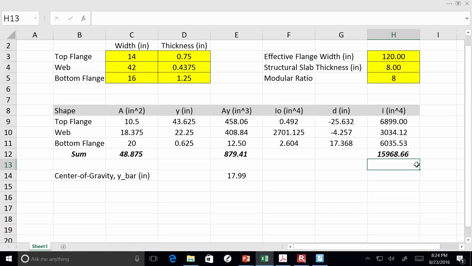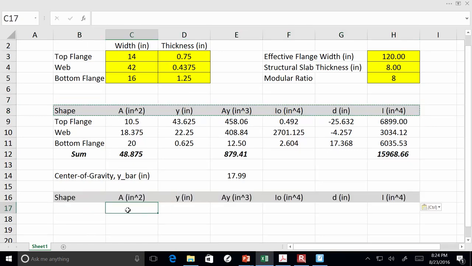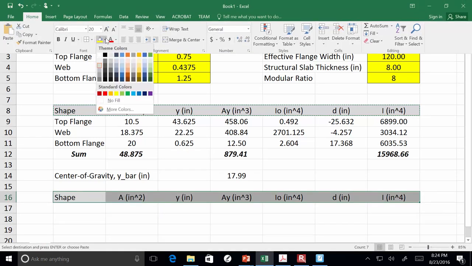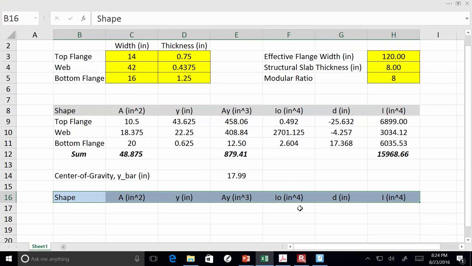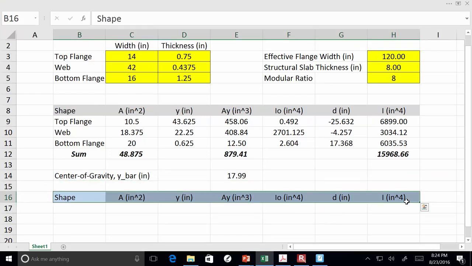So what I'm going to do now is I'm going to do another set of section properties. So I'm going to build a whole new table. A whole new table, and maybe I'll give it a different color so that we know we're looking at something else.